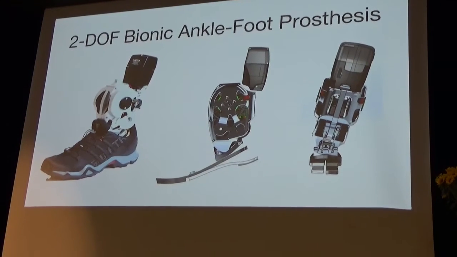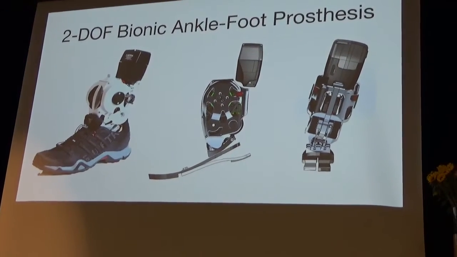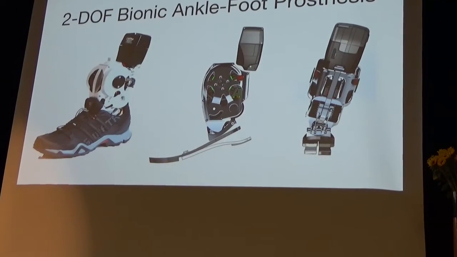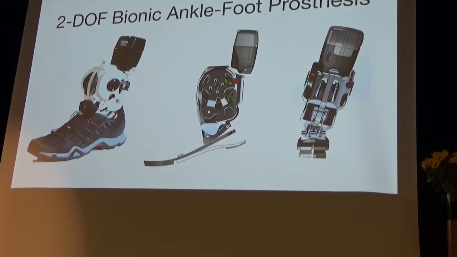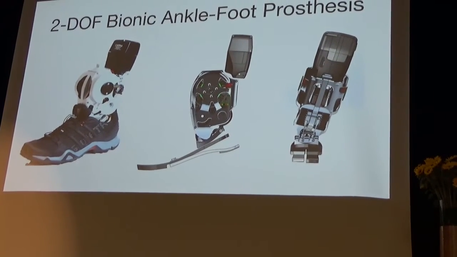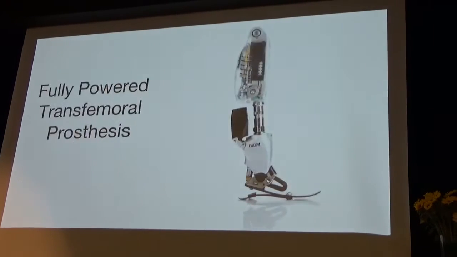And my balance is clearly pathological. I can do that for about 15 seconds, where you folks in the audience with normal biological limbs could do that all day long. But with a subtalar joint, we can correct for such a balance pathology, which is very exciting.